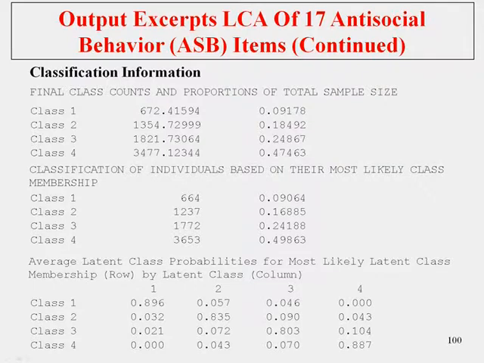This first row is the 664 people who had most likely class membership 1. Of those, the average of their probability of being in class 1 is 0.896, but the average of these 664 people's probabilities of being in class 2 is 0.057, for class 3, 0.046, for class 4, 0.